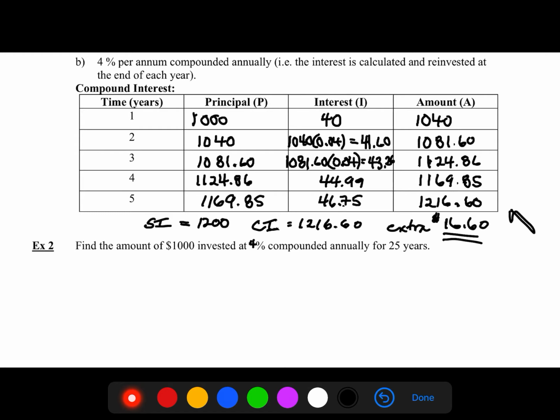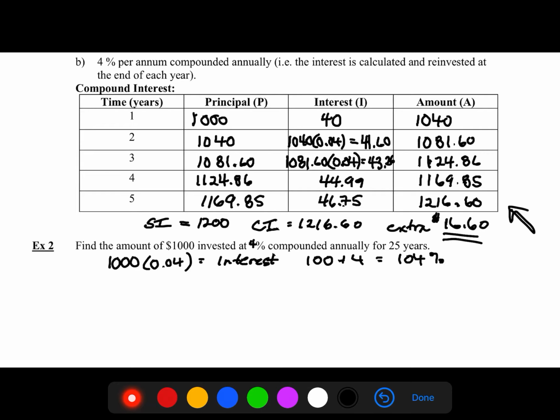So now we want to take a look at an investment of $1,000, and we're going to make this 4%, the same as our previous, but for 25 years. Well, we're not going to do this for 25 years. So we want to come up with how we're going to do this. And remember, when we took our $1,000 at the beginning, we multiplied by 0.04 to get our interest.